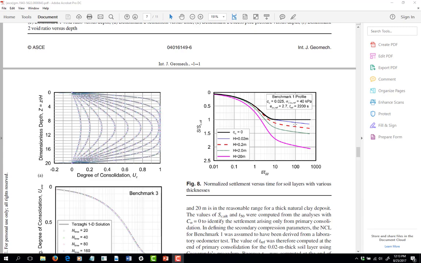So the key takeaway from this paper is that secondary compression does happen during primary consolidation. In fact, it's constantly happening, always happening for any compressible soil. And failing to consider the simultaneous occurrence of secondary compression with primary consolidation can lead to fairly significant underprediction of settlement versus time.